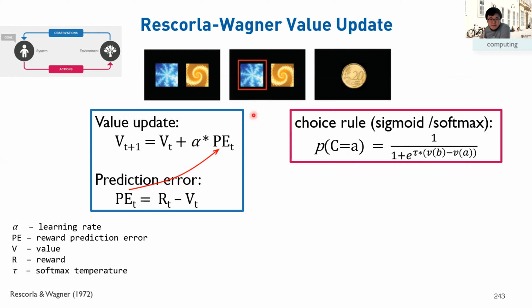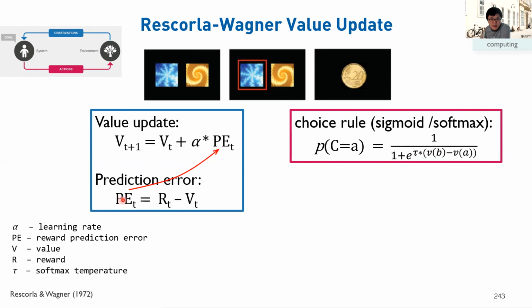So the simple update rule is written here. The new value of the option is updated from the old one with a learning rate weighted reward prediction error. And what is the prediction error? Again, the prediction error is the difference between the actual reward and your expected reward, what you think you will get.